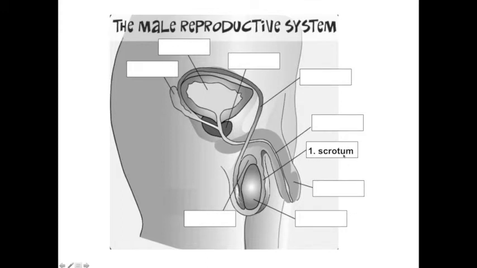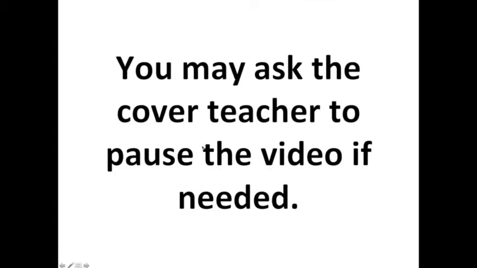The next part of the male reproductive system that we talk about would be number 2. Whatever the next part is, fill in the blank and write number 2. You also need to copy the function of each of the parts of the male reproductive system. Ready? You may ask the cover teacher to pause the video if you need more time to copy.